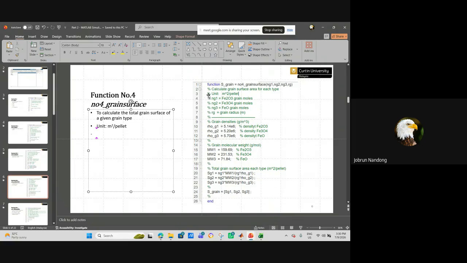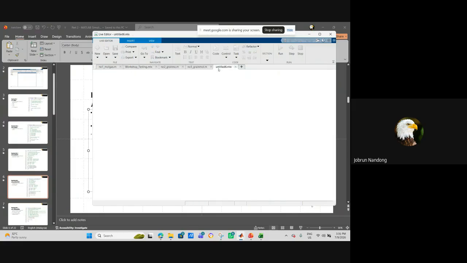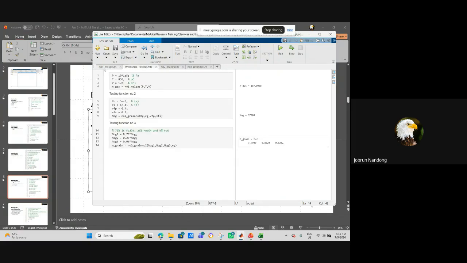So you can follow that function. Again, what you do is you go to this one, then you can add more script. MLX, we don't want MLX. We want to use a normal script.